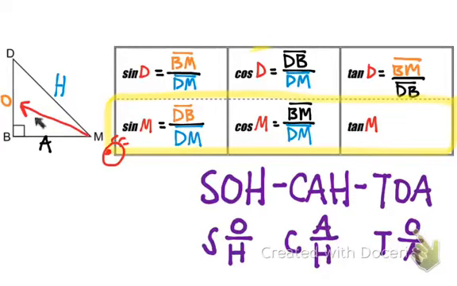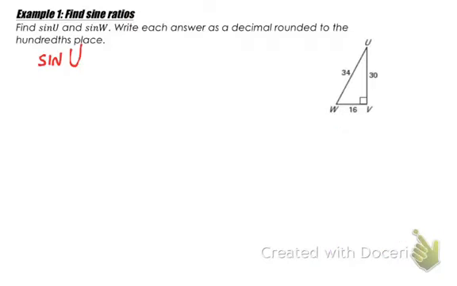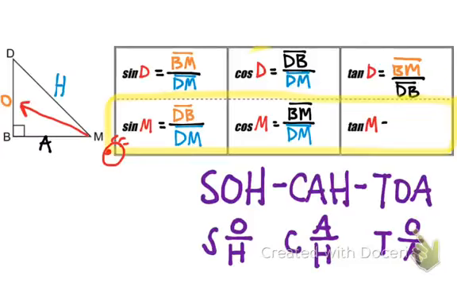Sorry guys, going way too fast, hold on. So the tangent of M is the opposite side, which is DB, and that's over our adjacent side, which is right here, and that's going to be BM.